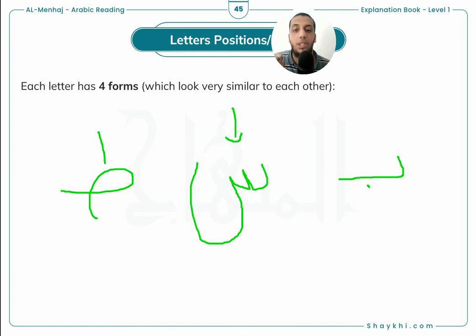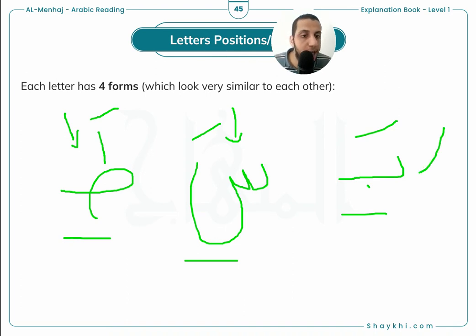Now if we want to make a word from these letters, for example the word basata, we could write it using the isolated forms, or we could make another thing: these letters will be connected to each other. This is our topic today.